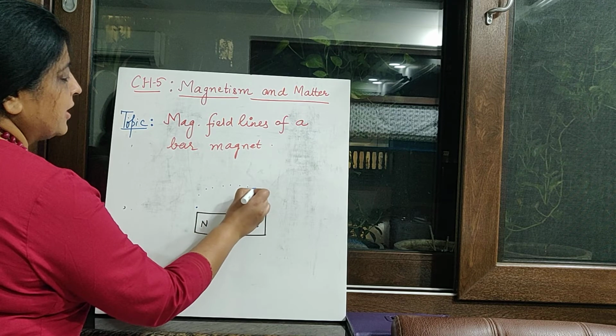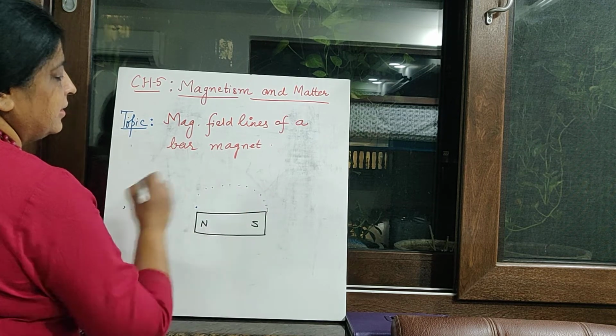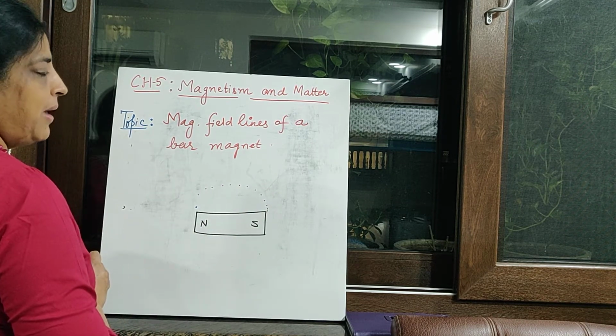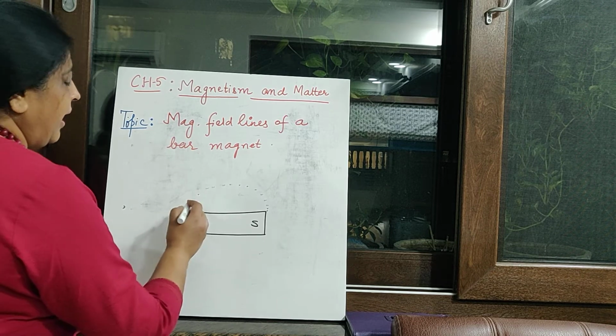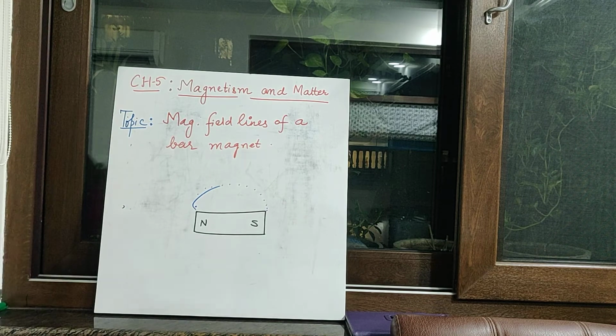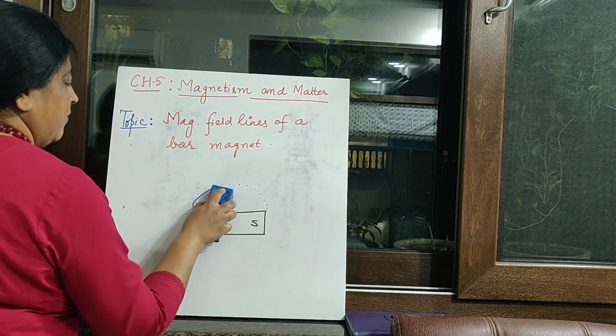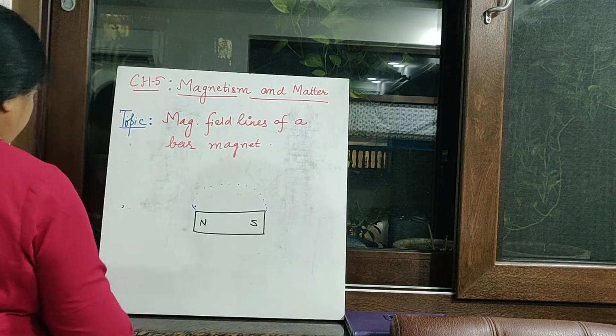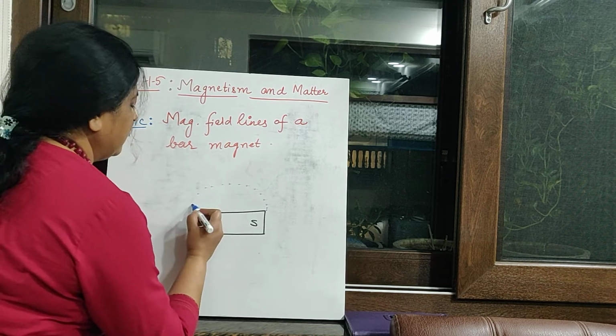You keep on plotting them, and this is how the path of the magnetic compass needle will be. If we join this, we will get a curve like this.